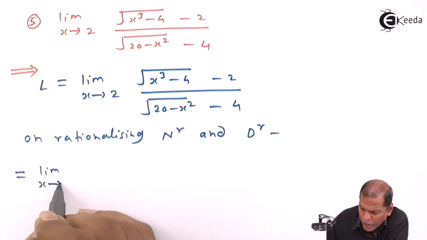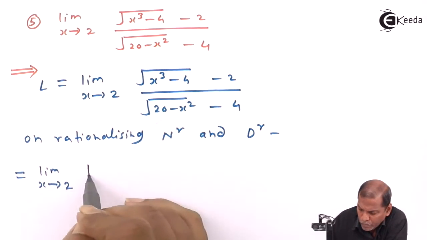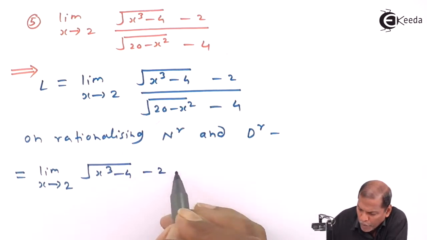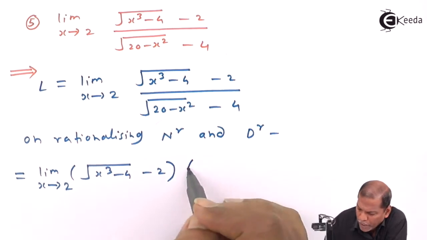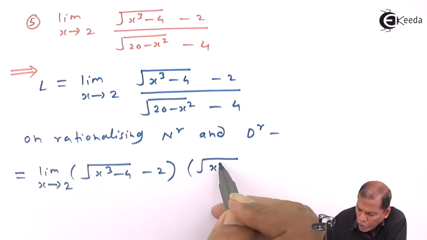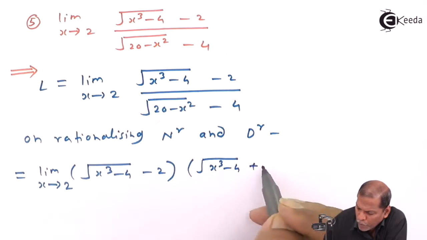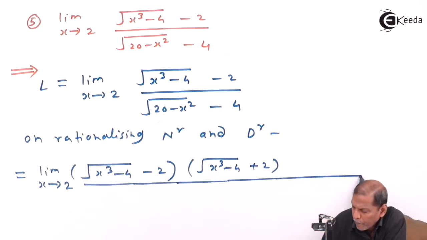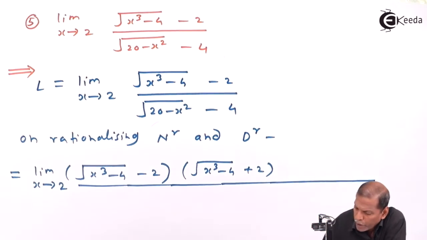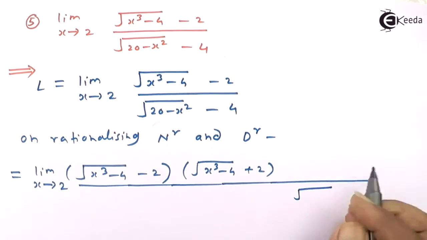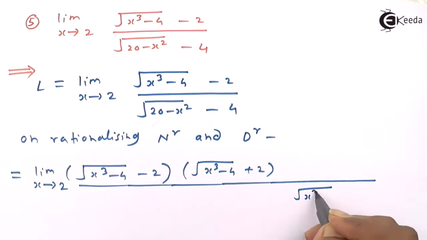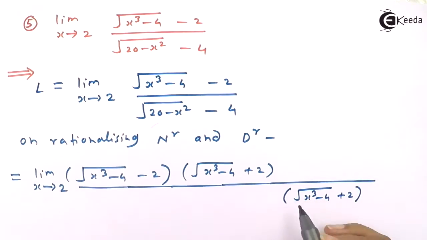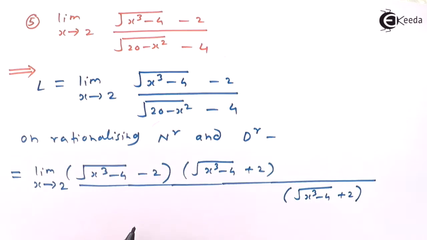that equals limit x tends to 2 of (square root of x cube minus 4, minus 2) in the first bracket, (square root of x cube minus 4, plus 2) in the second bracket, totally divided by square root of x cube minus 4 plus 2 in the denominator.